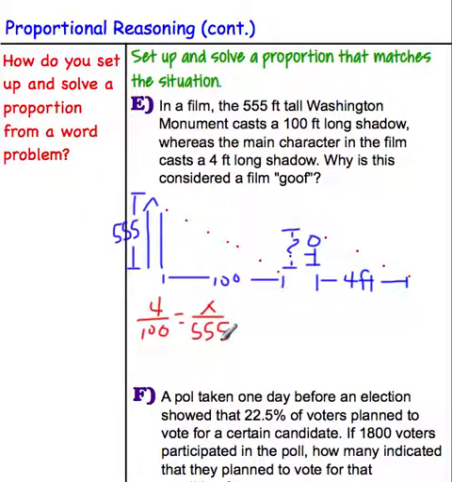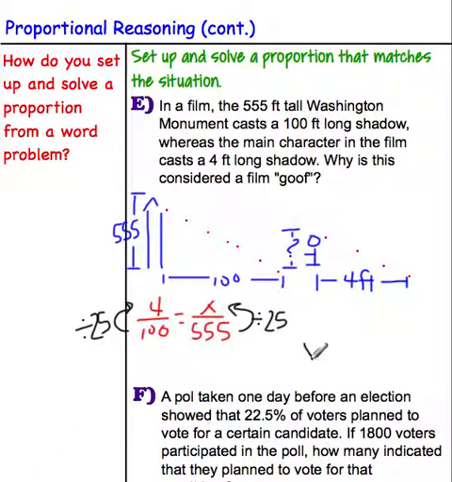I know that I can take 100 and divide it by 25, and I will get 4. So that means I should be able to take 555 divided by 25 and get the height of my person.